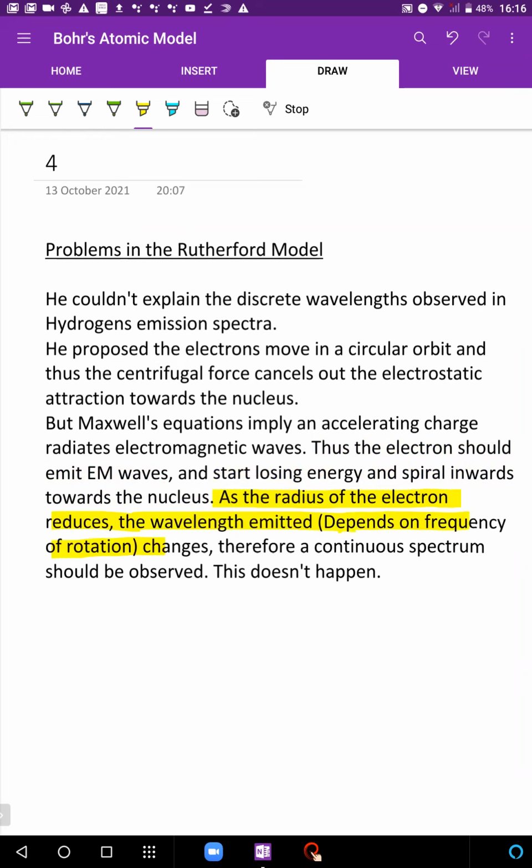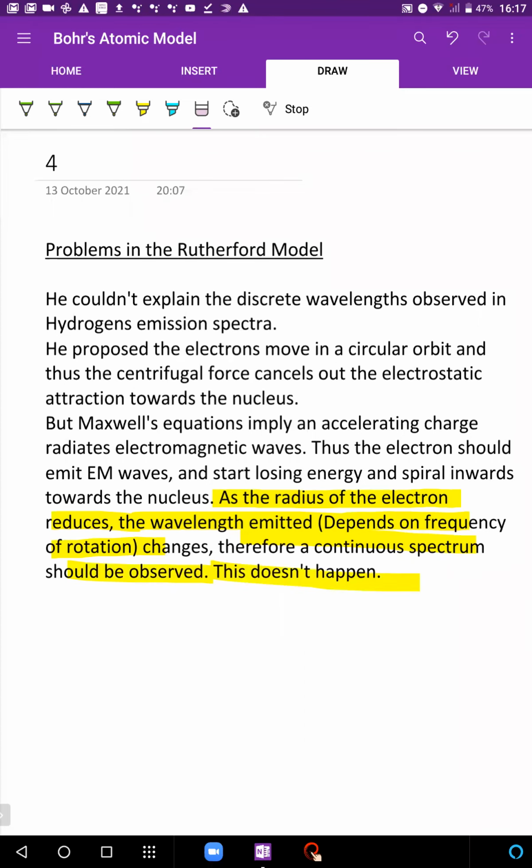Therefore, if at all you should see a spectrum while it's collapsing, you should see a continuous spectrum, not a discrete spectrum like we have seen in the Lyman-Balmer series, etc. This obviously does not happen.